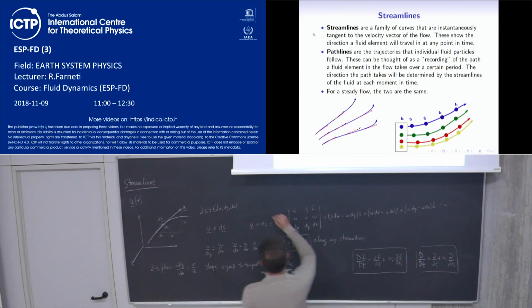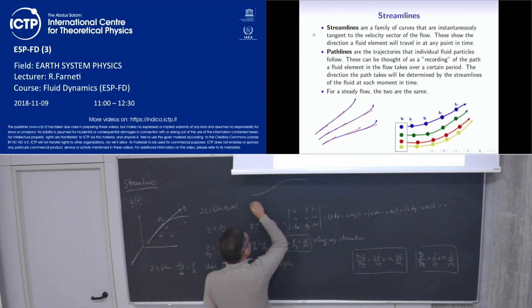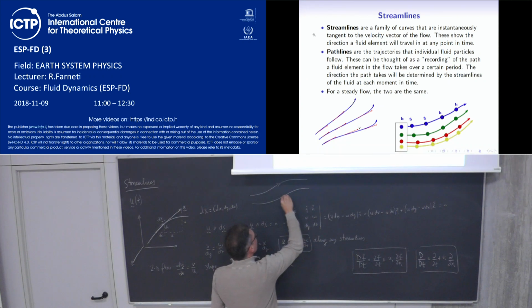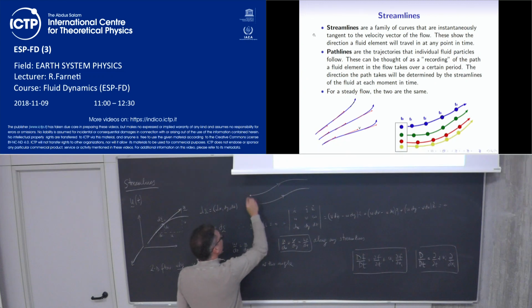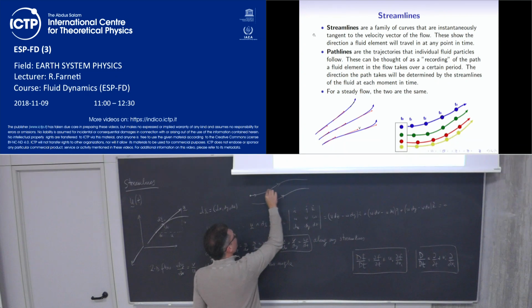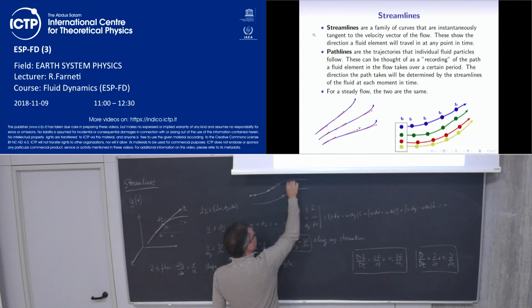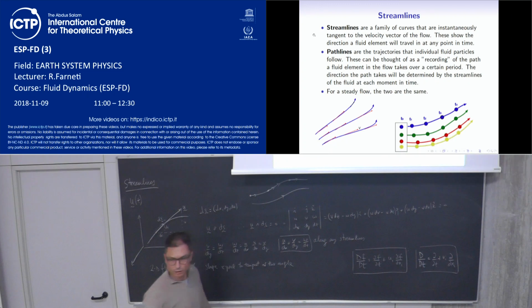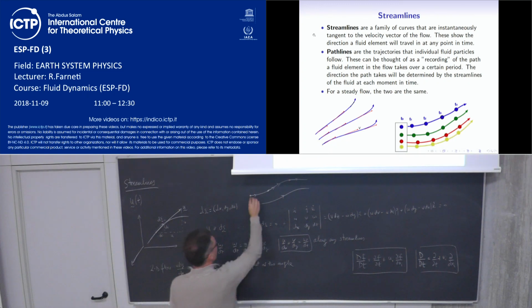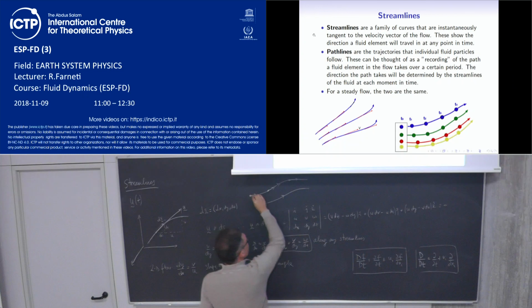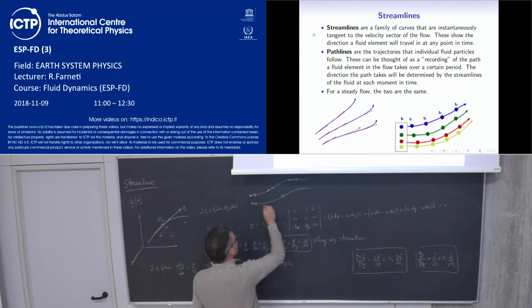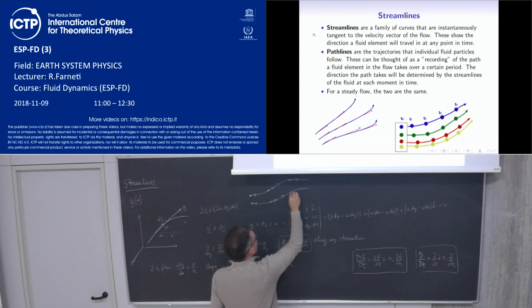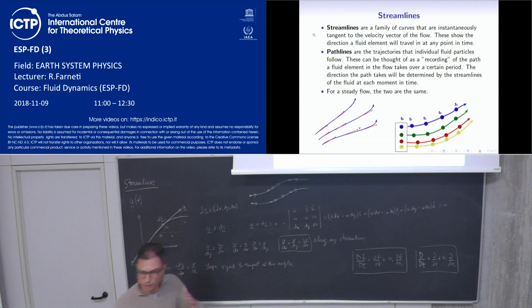So if these are my streamlines and the flow doesn't change in time, if I follow a particle, in space it will follow these streamlines, okay? So this is the path line and this is my streamline.